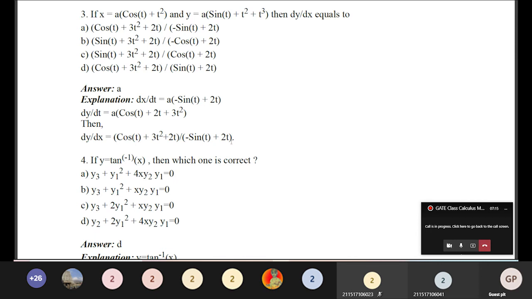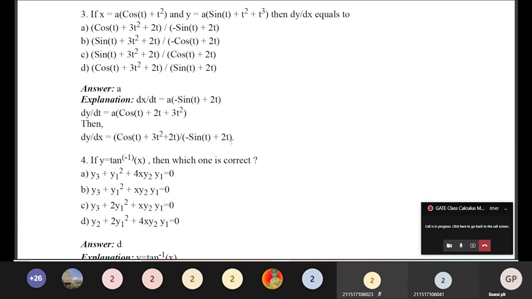Similarly, dy by dt is equal to a into cos t plus 2t plus 3t square. So dy by dx is equal to dy by dt divided by dx by dt. So a will be cancelled: cos t plus 3t square plus 2t divided by minus sin t plus 2t, that is option A.